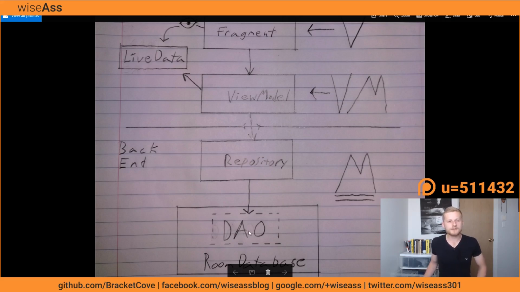So in a way the fragment is going to talk to the view model and say get the data. The view model is going to go all the way into the data access object, and by extension the Room database, and we're going to relay pass the LiveData object all the way up here during the application's runtime.